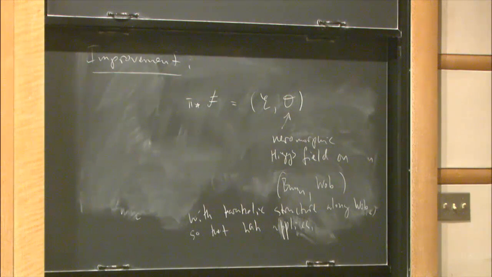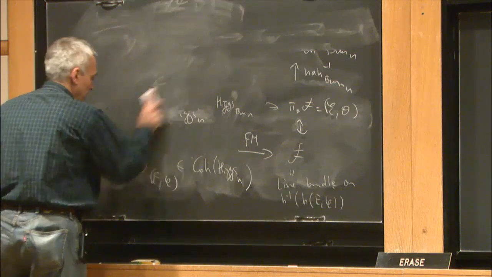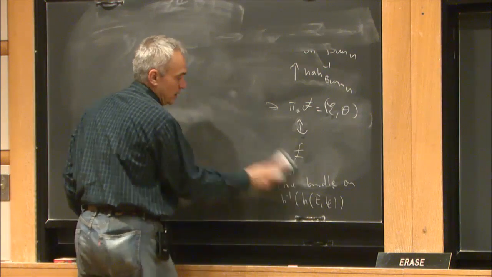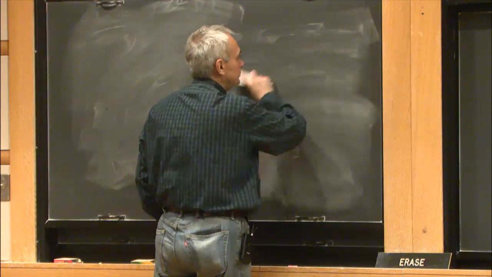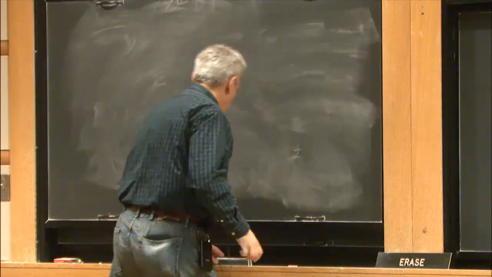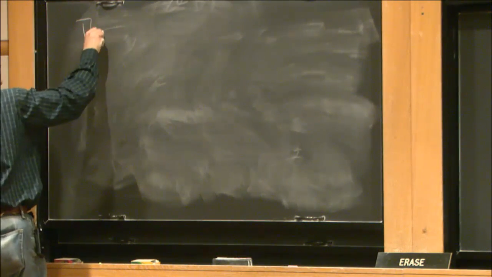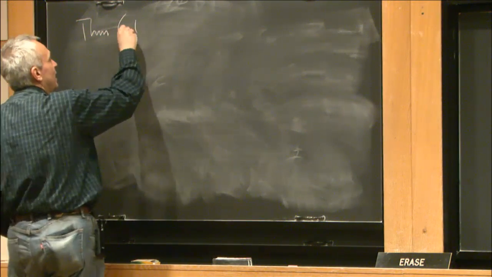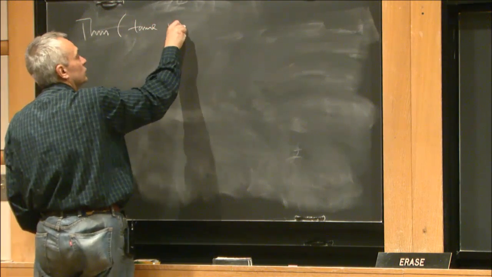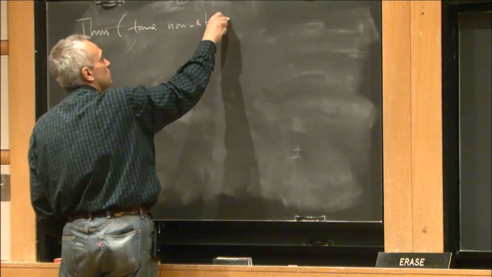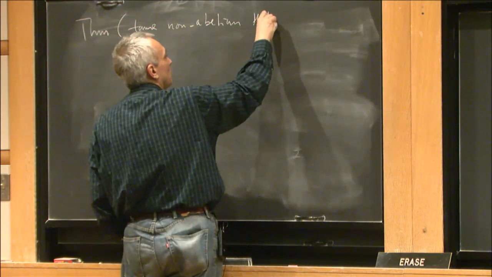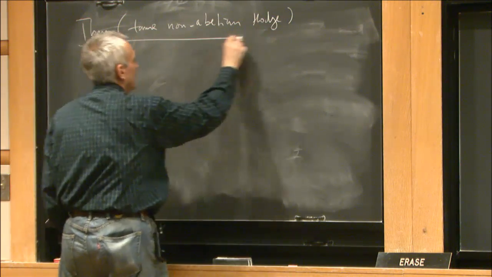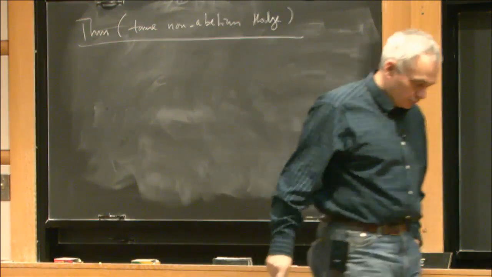So, let me say what the Mochizuki theorem says. So this is the tame non-abelian Hodge correspondence, and it's a theorem of Mochizuki.